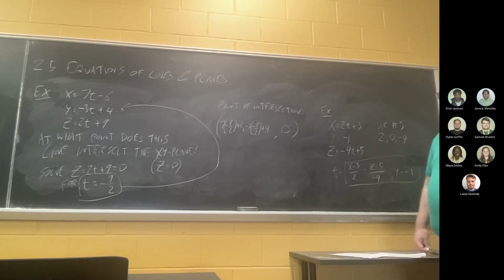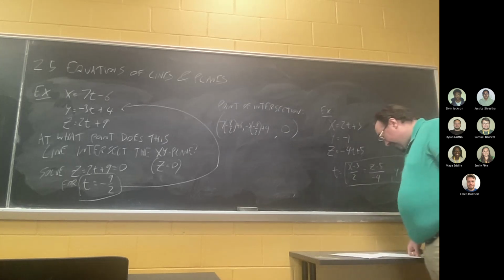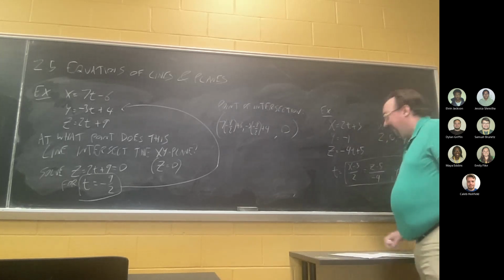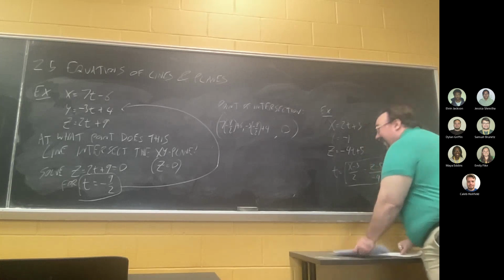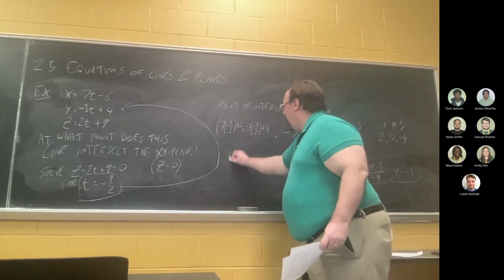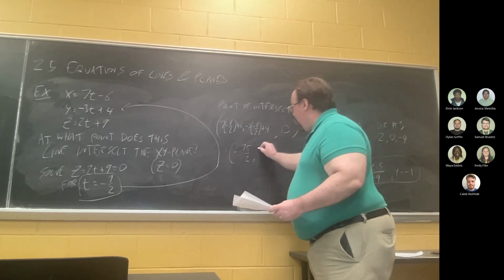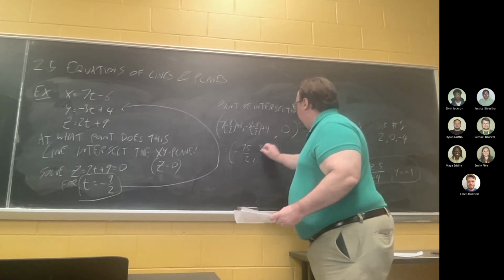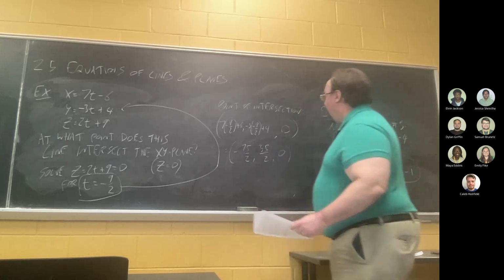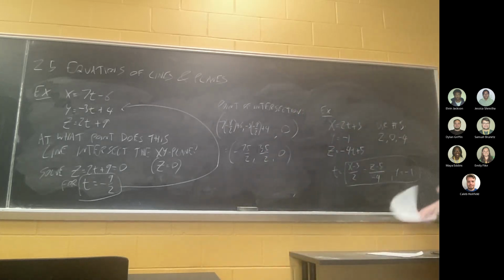But the point is that you see how to get them. It's also in my notes. So minus 75/2, 35/2, and 0 is the point, the one and only point of intersection.